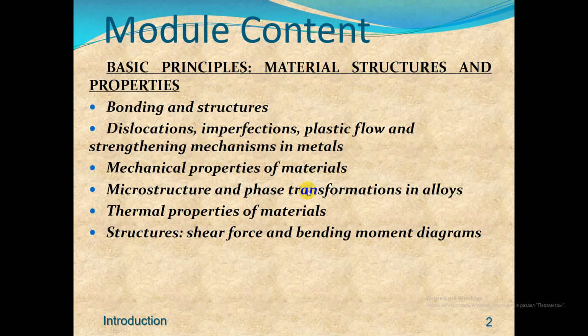Basic principles include material structures and properties and include the following subtopics: bonding and structures, dislocations, imperfections, plastic flow and strengthening mechanisms in metals, mechanical properties of material, microstructure and phase transformations in alloys, thermal properties of material.